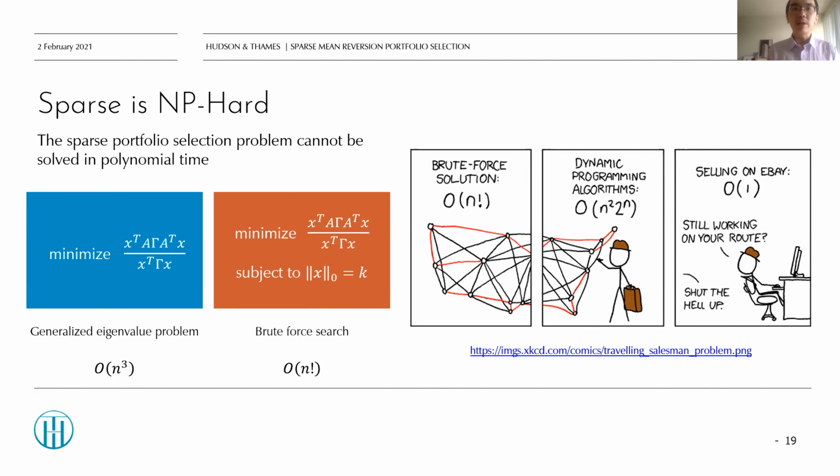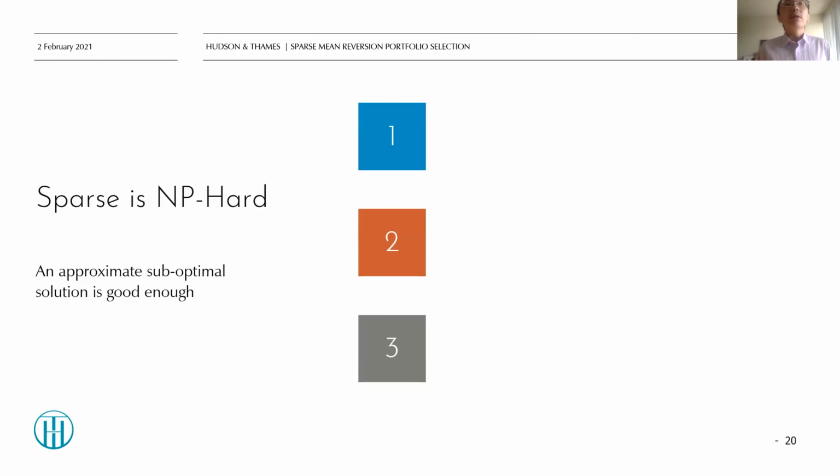If we want to use a brute force search on our 45 assets, it will just take forever. You won't be able to get any results. So now we know that the sparse constraints make the problem hard.